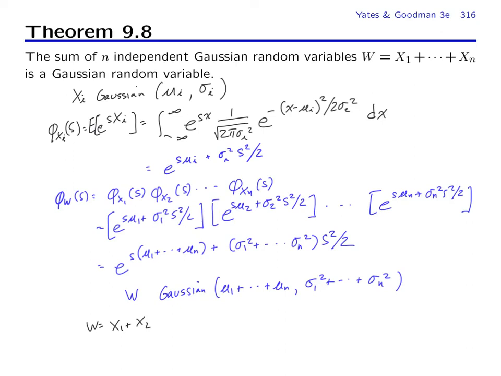And this result in some way, because it applies for xi's that could be correlated, is a more powerful result because it could be extended to n random variables using induction. Nevertheless, the theorem here for a sum of independent Gaussian random variables is simple and super useful.